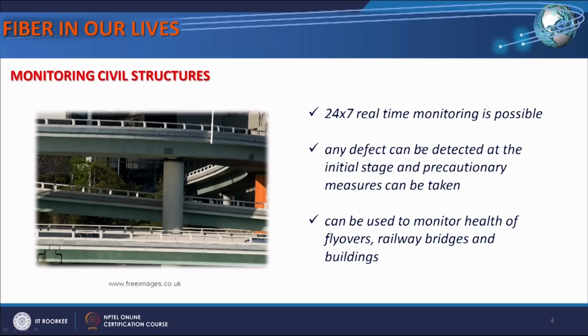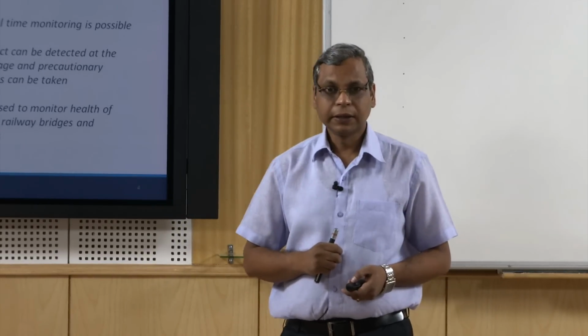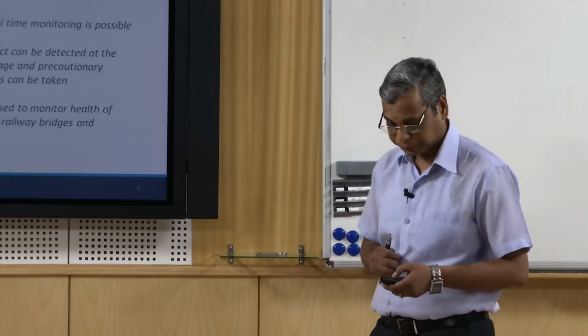Any defect can be detected at the initial stage itself and precautionary measures can be taken. So it can be used to monitor the health of flyovers, railway bridges and buildings, and you can do real time monitoring of the health of these structures.